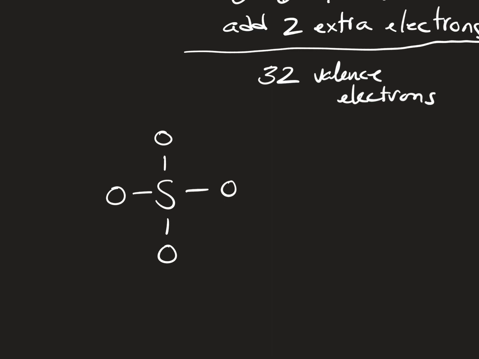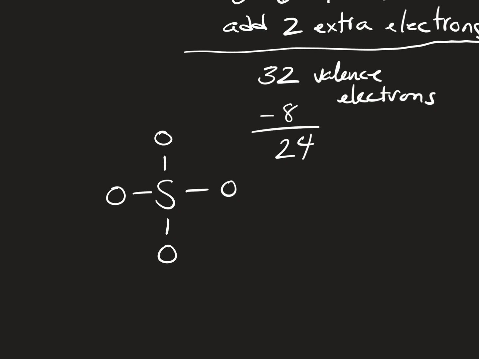Anyway, what did I spend here as far as valence electrons? I used 2, 4, 6, 8 valence electrons. So I take 8 electrons away from my bank of 32, leaving me 24 electrons now to distribute around this polyatomic ion.